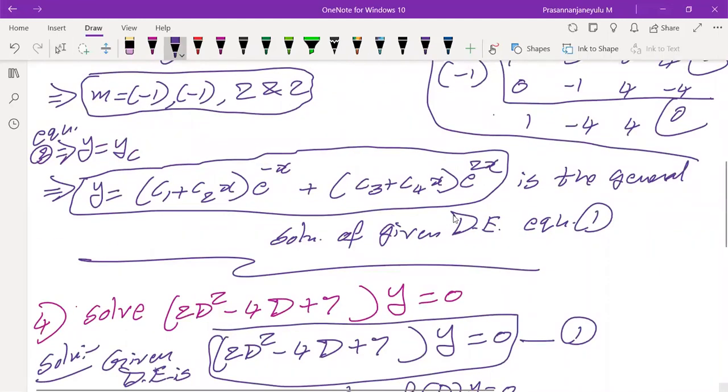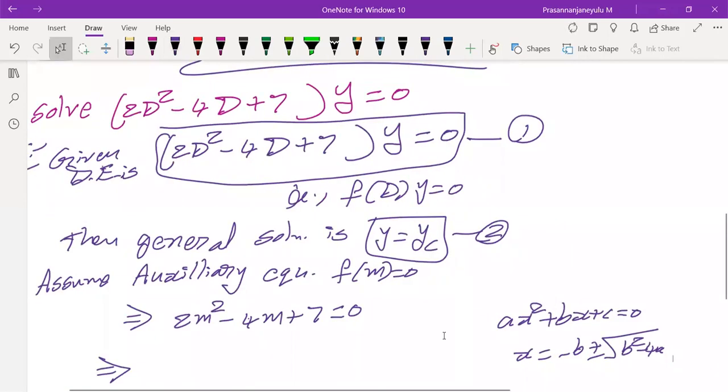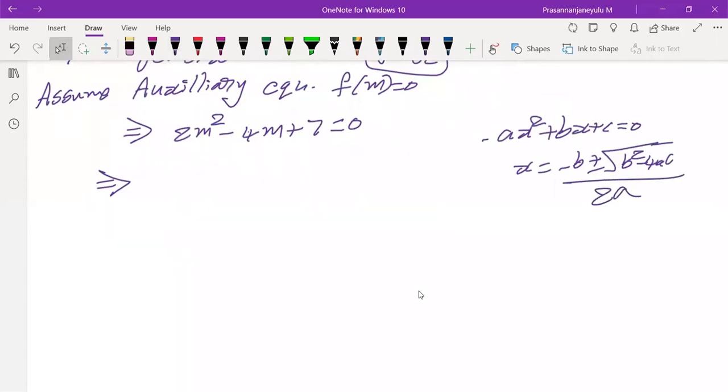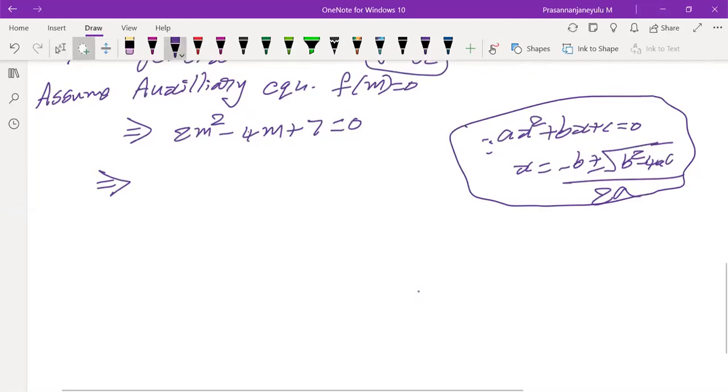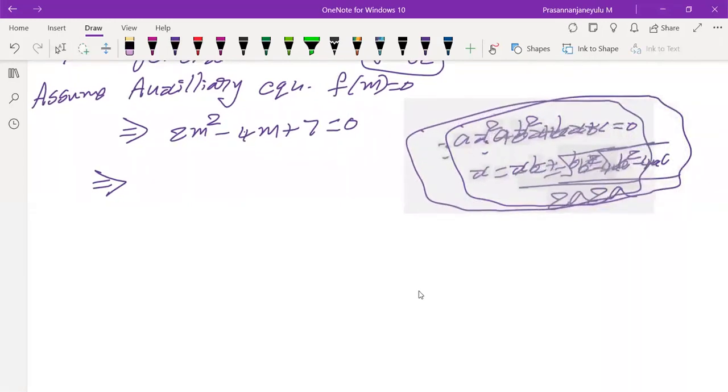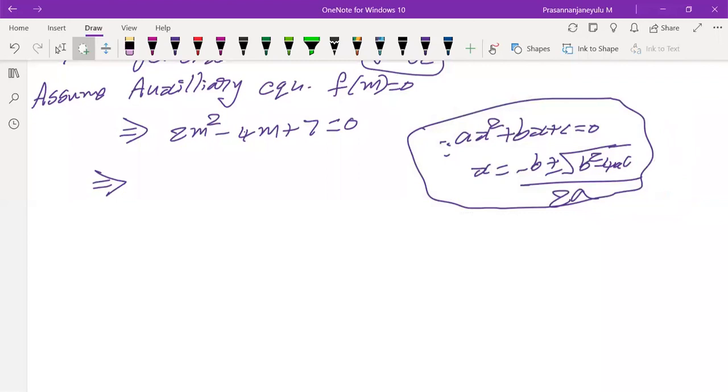Now, what is the value of a? 2. What is the value of b? Minus 4. What is the value of c? Plus 7.